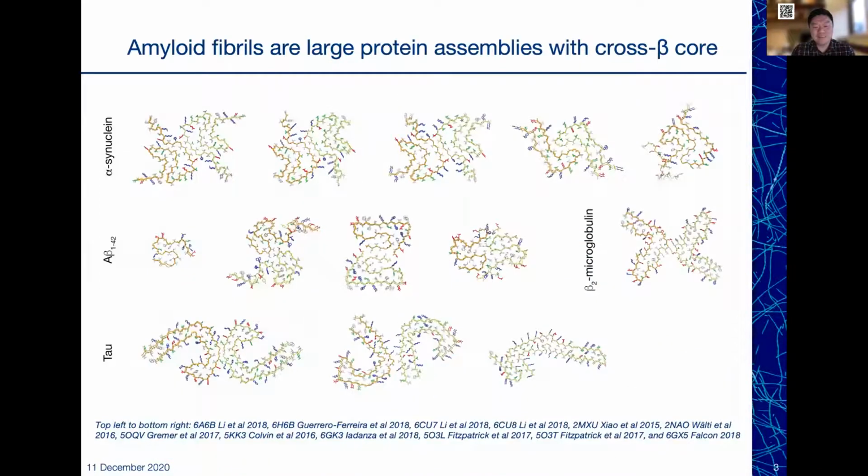So we already heard a little bit about prions yesterday from Human's talk, and I'm just going to say a little bit about amyloid. So amyloid is basically filamentous protein assembly. They all share a cross-beta structure, but what's important is that they are basically filaments with a beta structure, but they all look different.